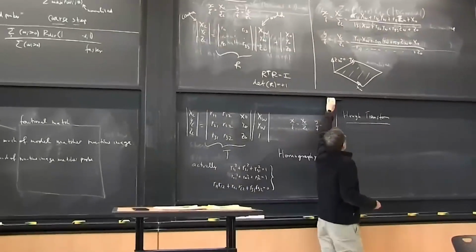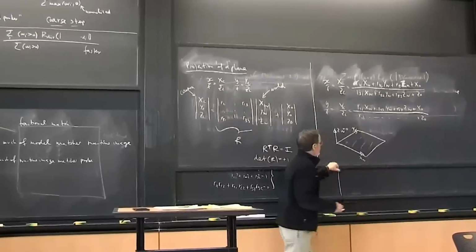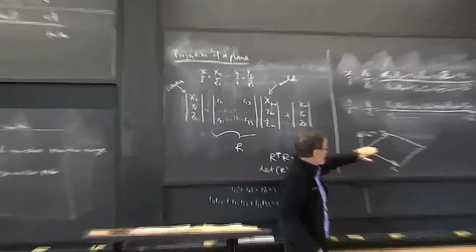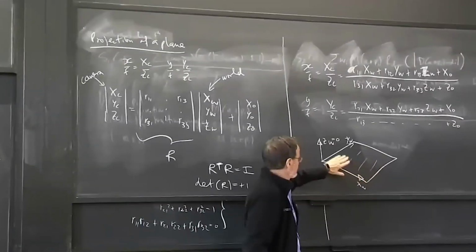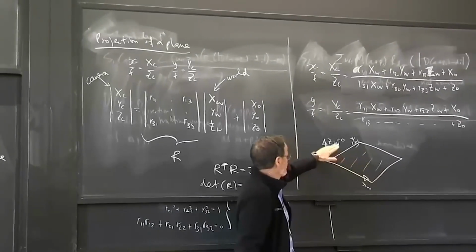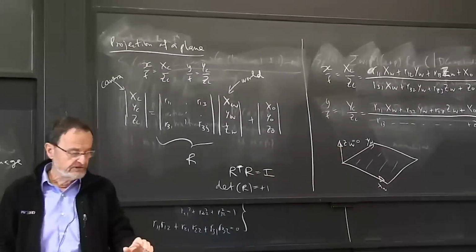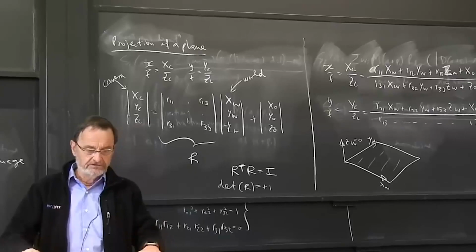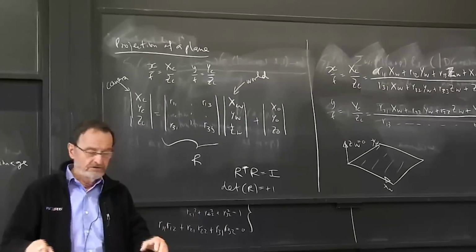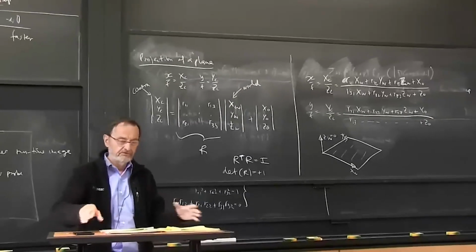So that's because we've picked our world coordinate system so that in the plane, it's only working for this plane. And in that plane, ZW is 0. What it means is that suppose I want to deal with an image of this table, and then I want to refer to where my phone is on the table.